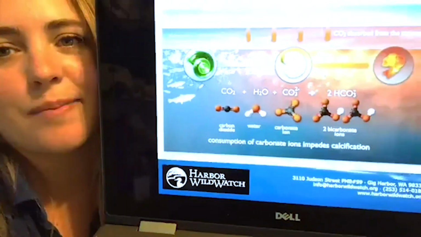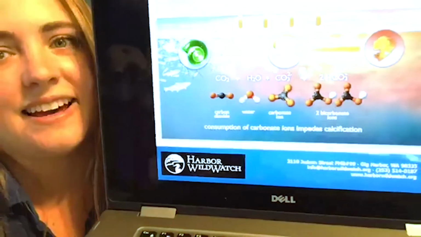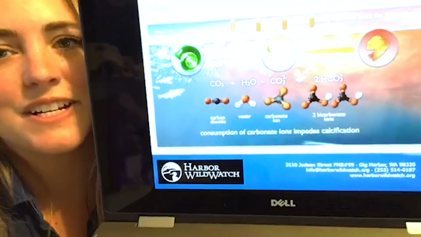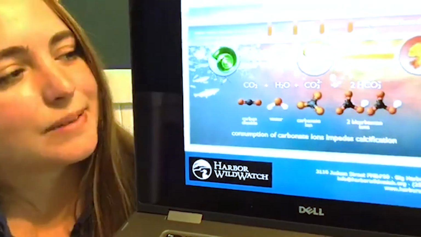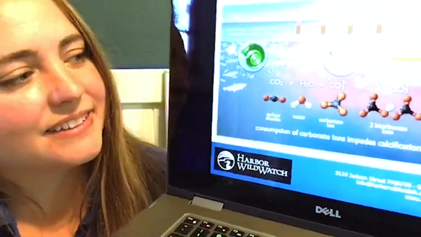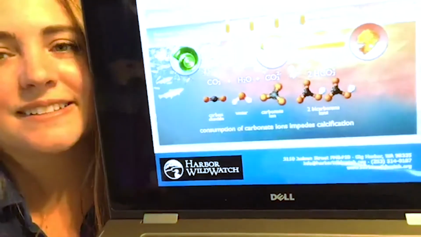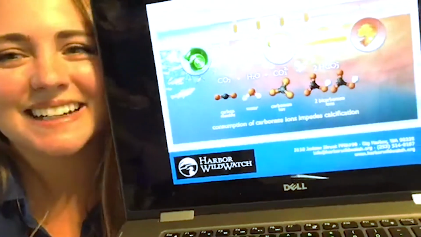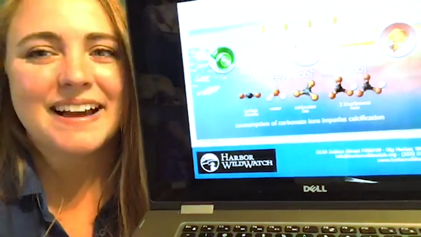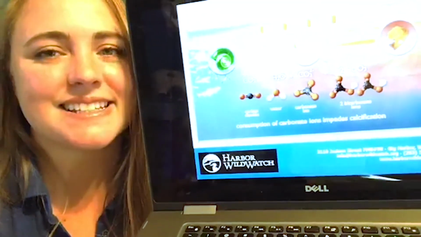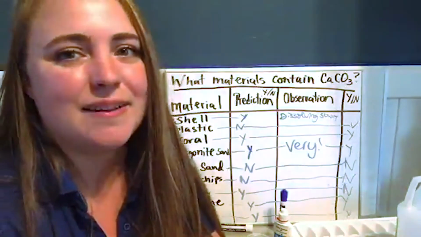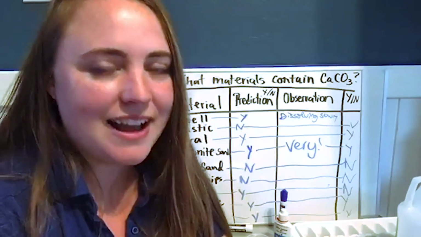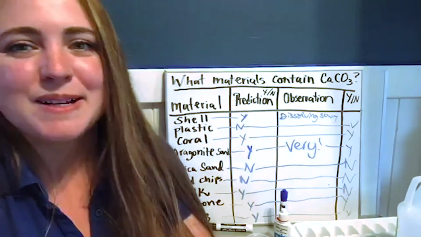The carbon dioxide that reacts with our ocean releases those carbonate ions, and with more carbon dioxide in our water, that increases the acidity of our ocean, and with more acidic ocean water, those shell builders are not going to have the most pleasant of times.